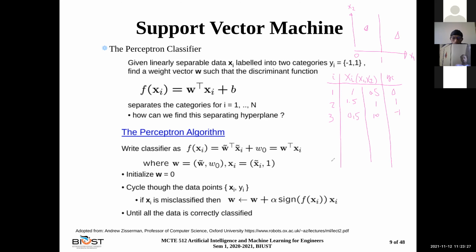We can have as many as maybe 100 data points, or let's just say 10. So you have 10 data points, and this is how your data is presented. You put the coordinates on the plane, and then you classify them accordingly.